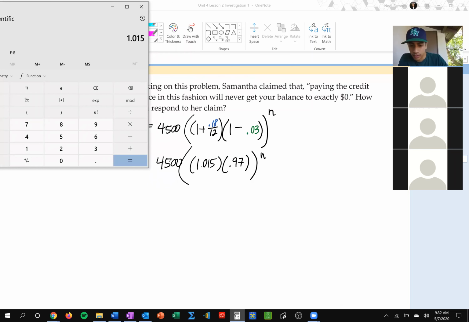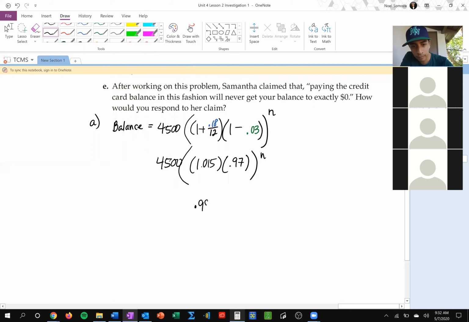1.015 times 0.97. That's not too bad, because it's not a decimal that is extending on forever. It actually stops, so we can utilize that 0.98455. We'll just call it B for now, B for balance.